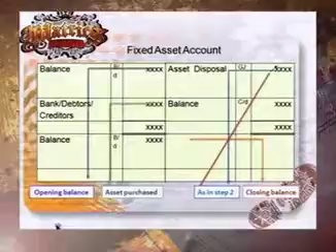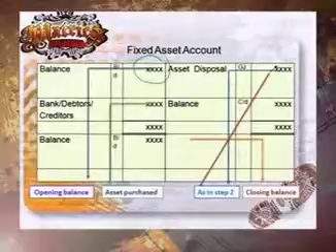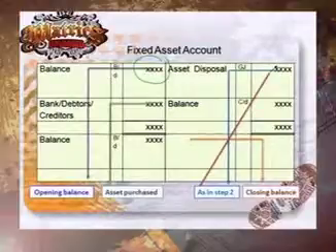Here's my fixed asset account. Let us analyze it. Let us understand this account because there's important information in this account. Starting off with my balance. That one there is my opening balance as it is clearly shown to you on the slide. Your asset has a debit balance at the beginning of the year.